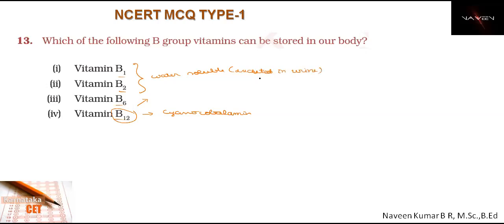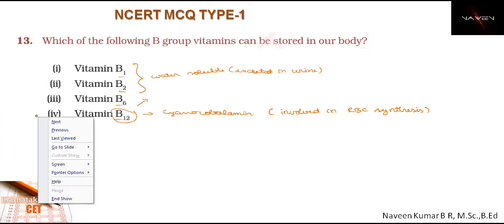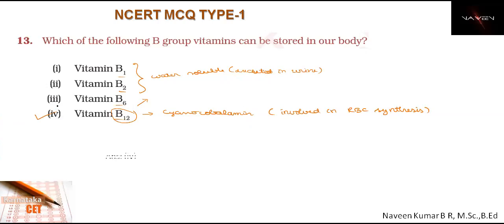They cross the filtration barrier and get excreted in urine. Whereas cyanocobalamin is involved in RBC synthesis. As it is involved in blood cell synthesis, it is the only water soluble vitamin which is stored in our body. The correct answer is option 4.